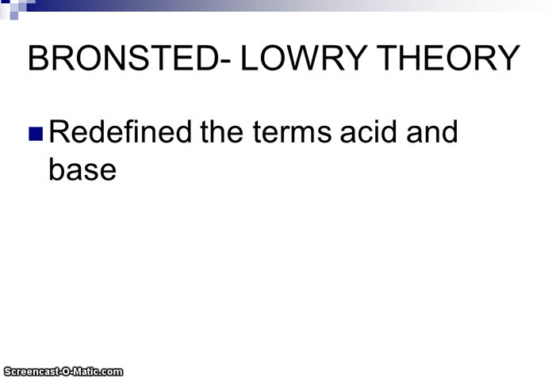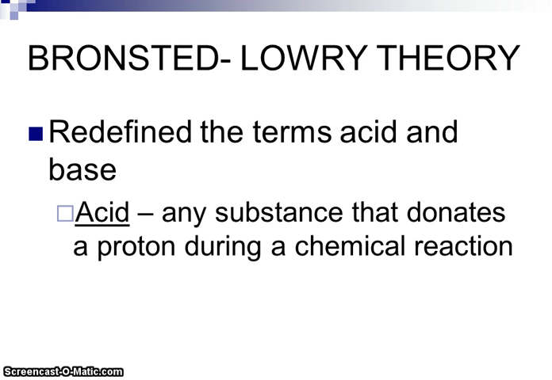Another way we can look at acids and bases is through what's called the Bronsted-Lowry theory. And this theory redefines the terms acids and bases, because now instead of just looking at what ions are produced when the substance dissolves in water, we're going to look at what happens during chemical reactions. Acids in chemical reactions are substances that donate protons or hydrogen ions during chemical reactions.